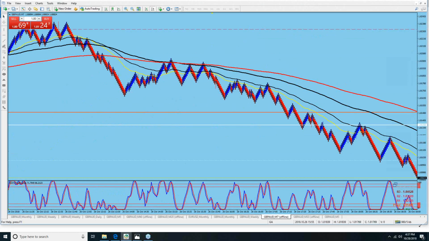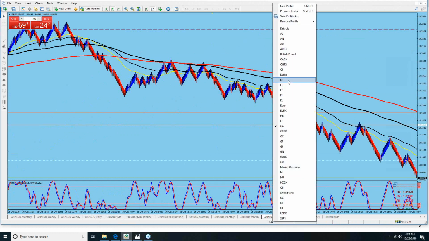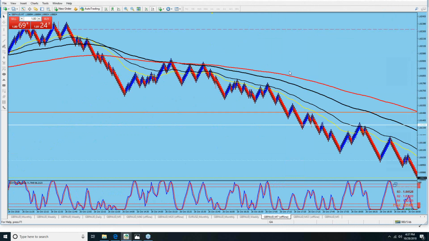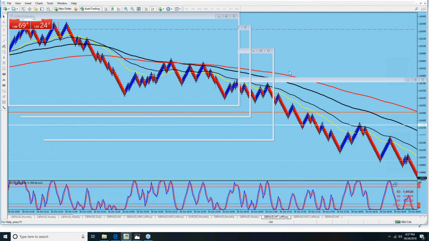Okay, so these are the two. Now we're gonna go and take a look at the Euro Aussie long-term chart. Euro, by the way, is also just dropping. It's getting weaker. So let's see.